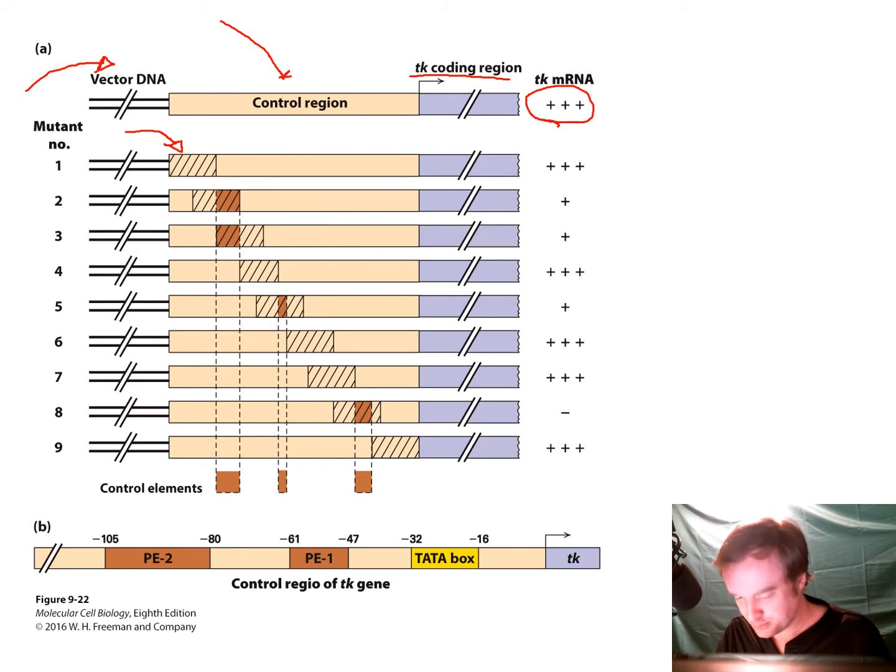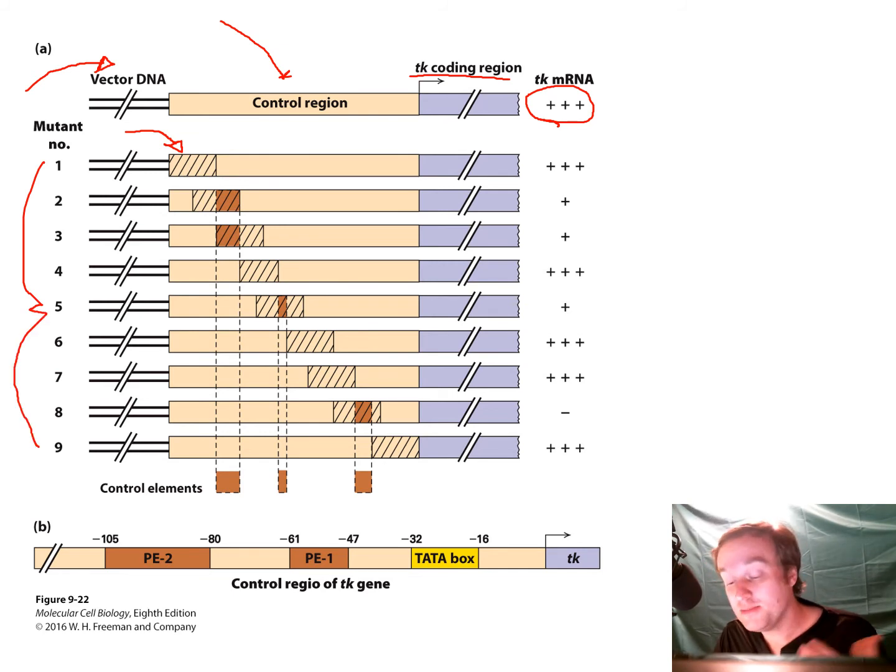The length is relatively close, if not exactly the same, but we've just changed the sequence, the order of the bases there. We do this over and over, as you can see here, a total of 9 times in this example, but probably many more than that, for the entire length of the control region. For each of those different mutants, we measure the expression of that gene.